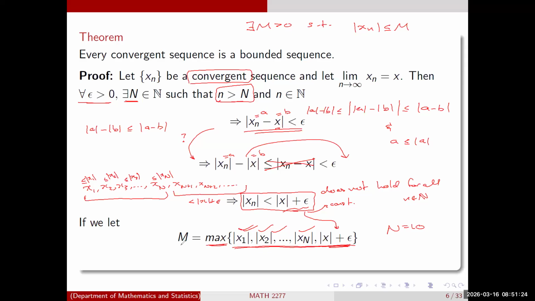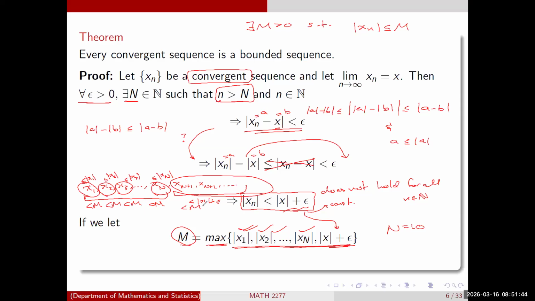Then that maximum, which I'm calling big M, guarantees that x1 is less than big M, x2 is less than big M, x3 is less than big M, xN is less than big M. All these terms are less than big M.